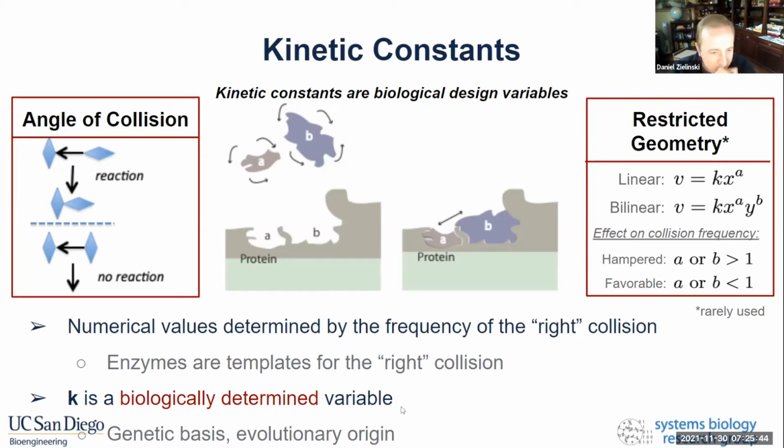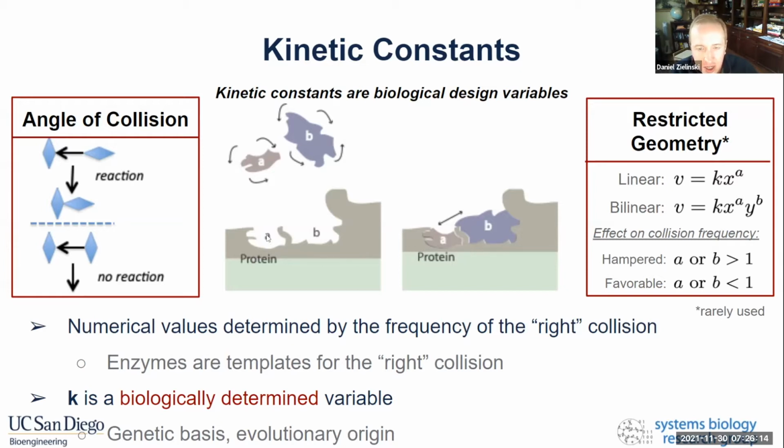The second point to note here is that K is a biologically determined variable. What does that mean? So in addition to K depending on collision frequency, orientation, the charge state of the protein, or I guess the charge state is a genetic parameter, depending on the temperature that the reaction is run, for example. It's really dependent on what this protein actually is.